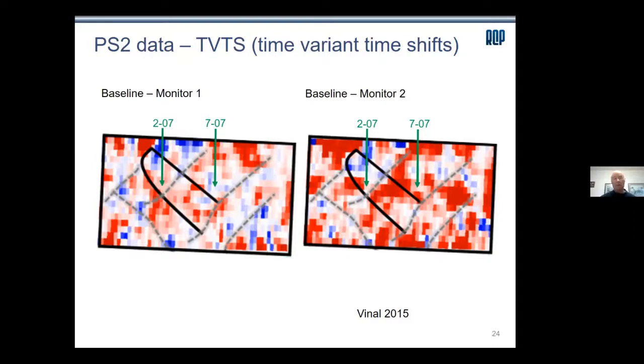And in this case, we see the baseline to monitor 1, the 2 of 7 well, an area, especially near where the well went into the reservoir, we see a higher velocity or positive time shifts. Whereas at the end of that, or the toe of that well, we see negative time shifts. So what is that telling us?